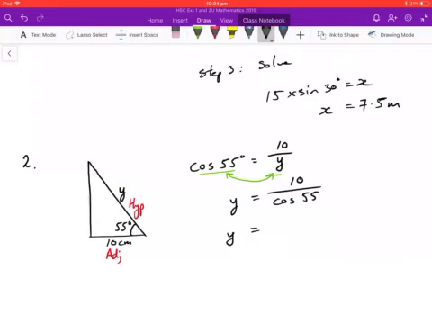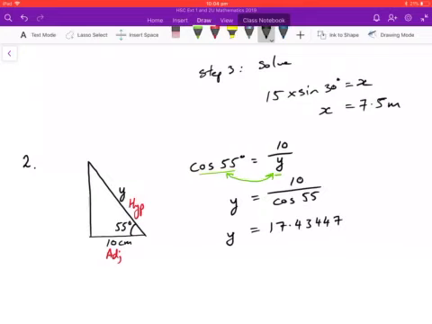Now we find what that is. Y is equal to, now bear with me as I get my calculator and make sure that we can actually work this out. We've got 10 divided by cos 55. Now I get this, 17.43447.